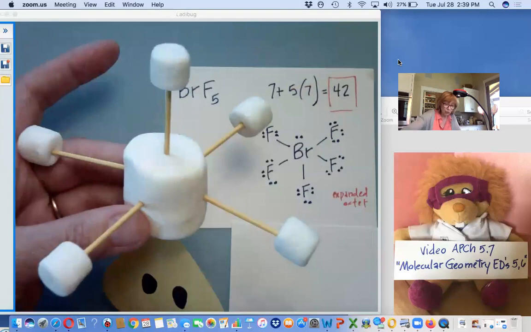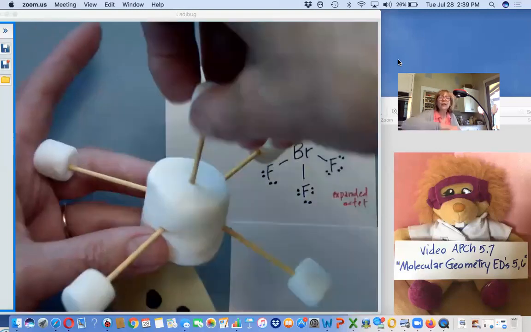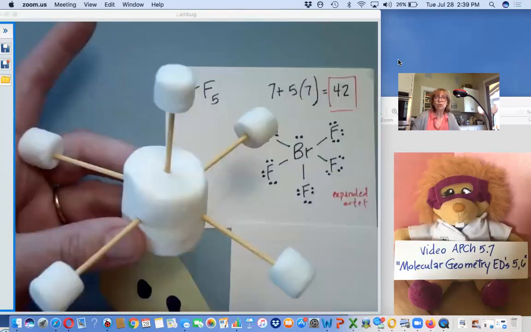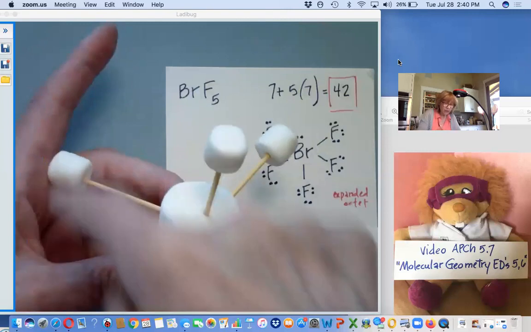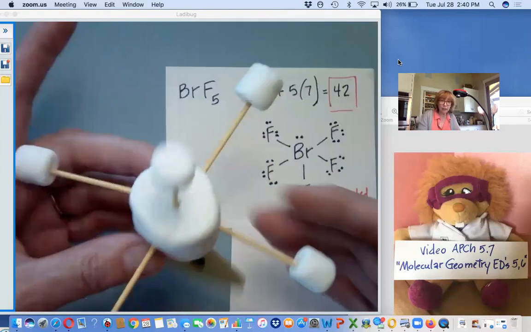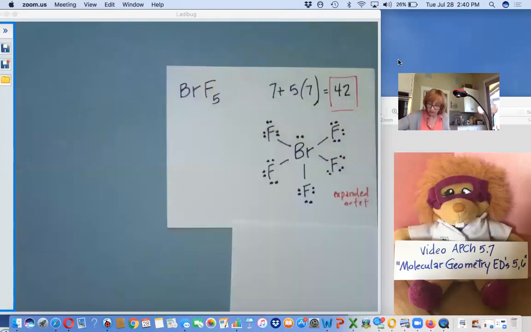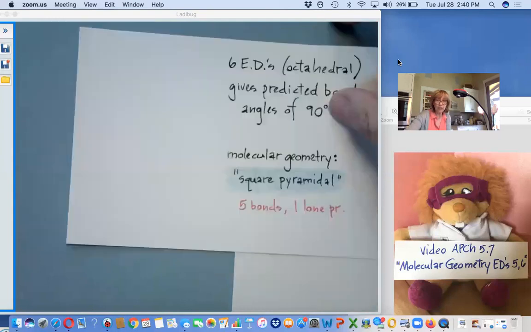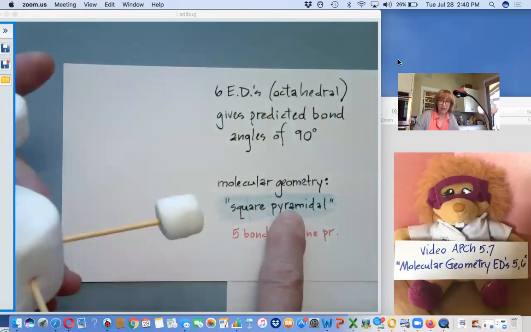You have a square here on the equator, and then we have the tip top of the pyramid. This is a pyramid with a square base. So 6 electron domains, in which 5 are bonds and 1 is a lone pair, has the name square pyramidal.